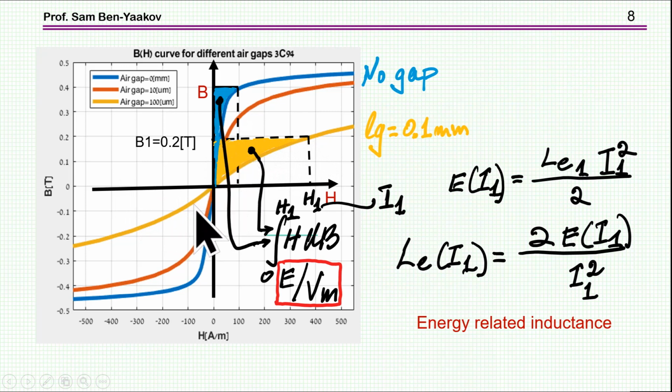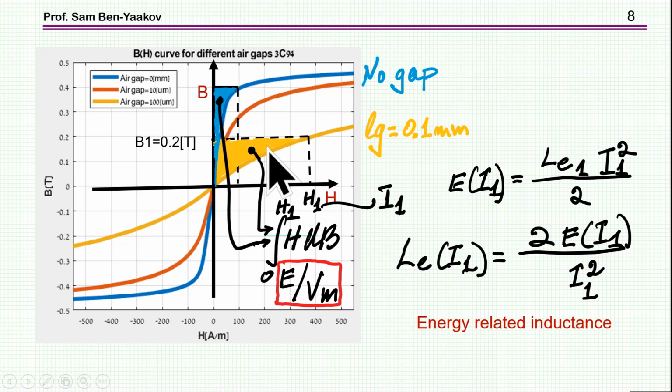Now from here we can understand what is the benefit of adding a gap. If you have an inductor built on a ferrite without a gap, the amount of energy you can store is very small. For this current or this H, this is the energy you can store, because very quickly you go into saturation.